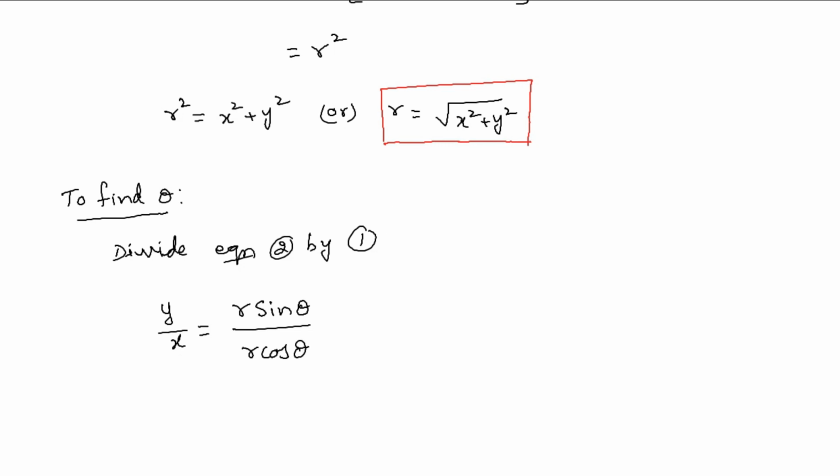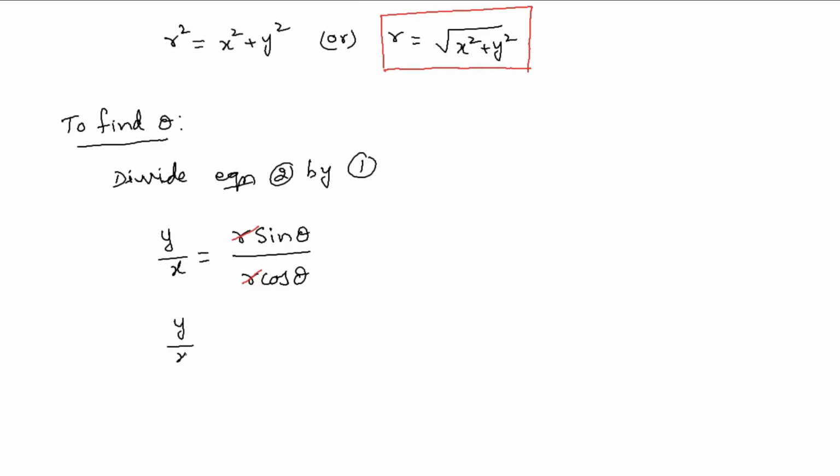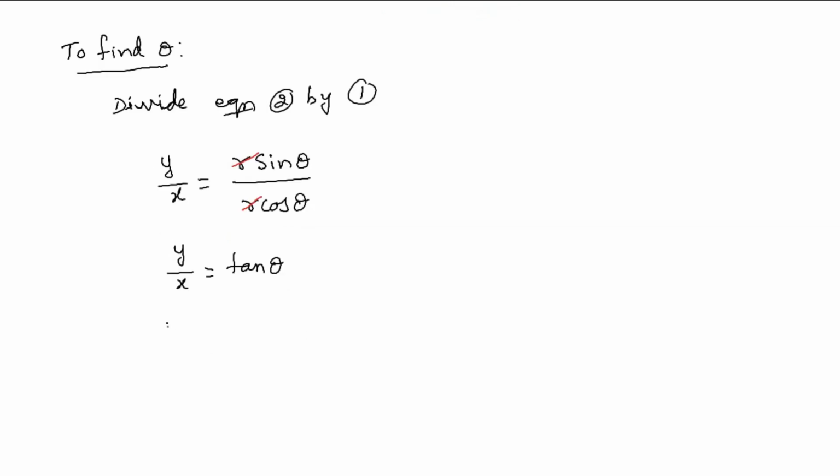Try to observe over here, you can cancel out the value of r. So this r and r will cancel out. We are left with y by x equals sine theta by cos theta, which is tan theta.